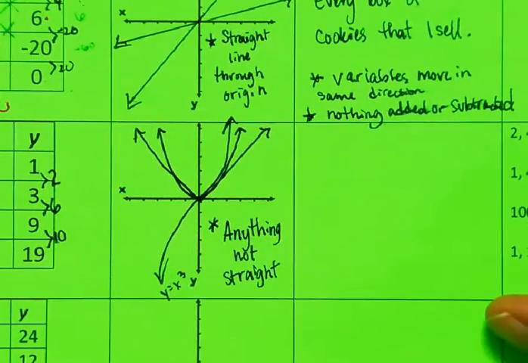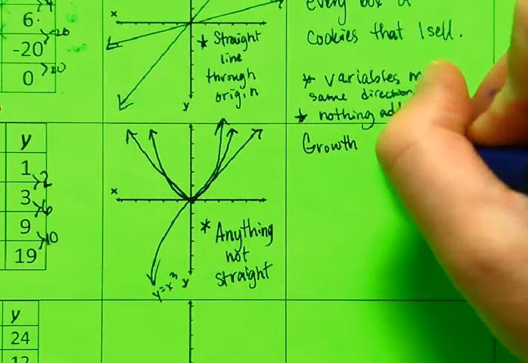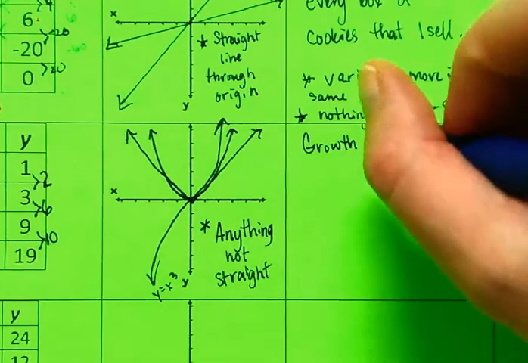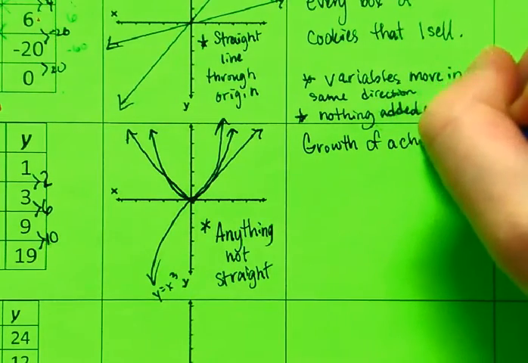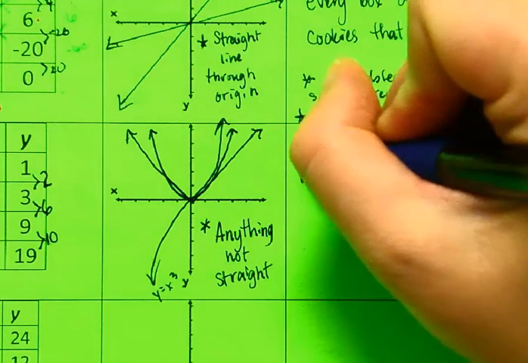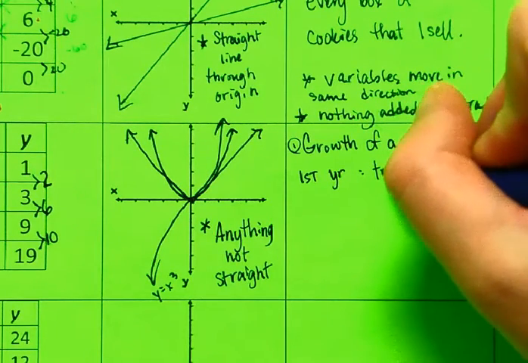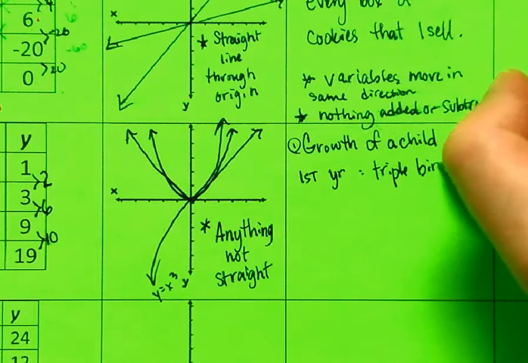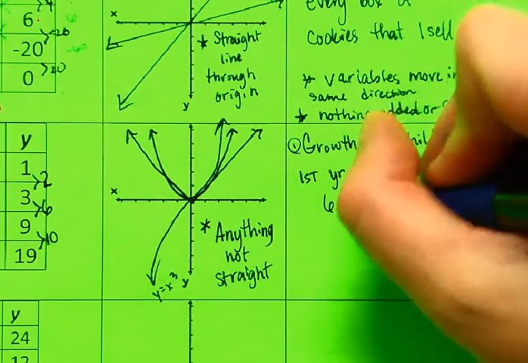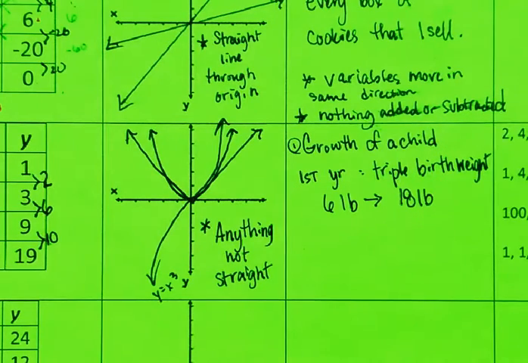Now, as far as situations go, growth charts. You guys go to the doctor. You've gone to the doctor maybe once a year since you've been born, maybe sometimes more than that. So the growth of a child is not a linear relationship, because in the first year of your life, this is example 1, you are expected to triple your birth weight. So let's say you were 6 pounds when you were born. By the time you're a year old, you're expected to be somewhere around 18 pounds.